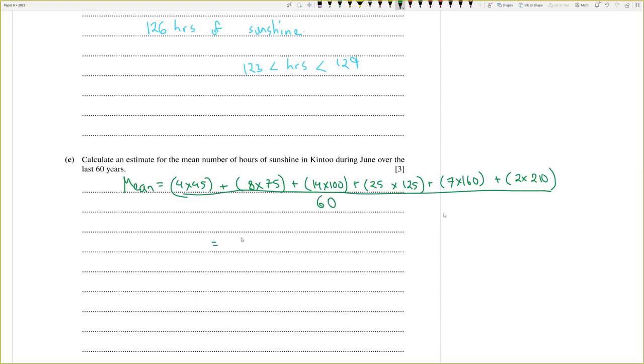So we are getting an answer of, let's see, 4 times 45 plus 8 times 75 plus 14 times 100. Okay, so this is the answer that I'm getting, 1369 by 12.